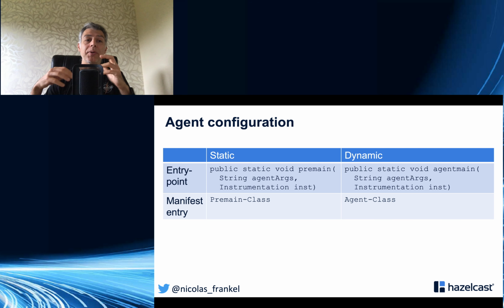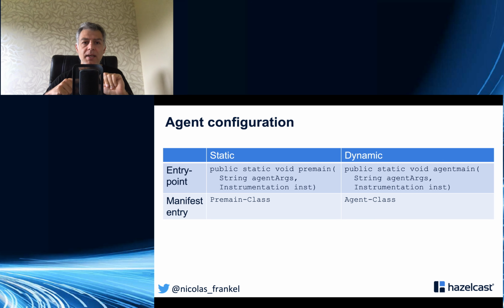To create an agent is very easy, depending on whether it's static or dynamic, but basically they are mirrored. On the static side of things, you have this premain method. In a normal executable jar, you have this main method, which must be public, static, void, must be called main, and accepts an array of strings.